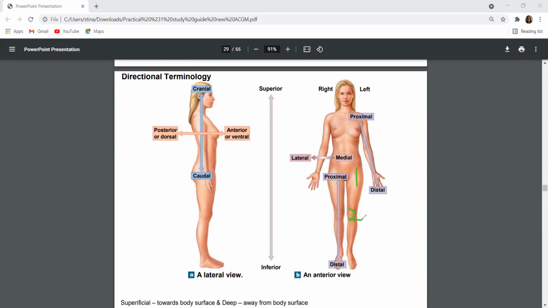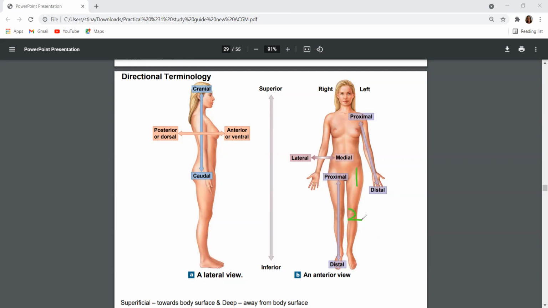You're not going to use superior and inferior here. Instead, being you're comparing 2 points on the same limb, you're going to use proximal or distal. So number 1 would be proximal to number 2, or my hip would be proximal to my kneecap.